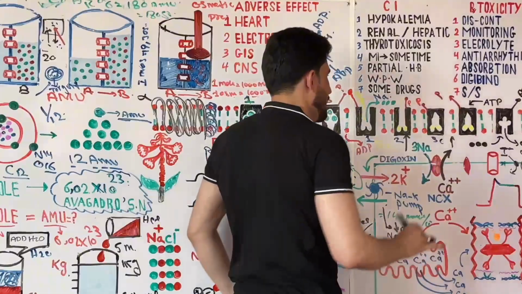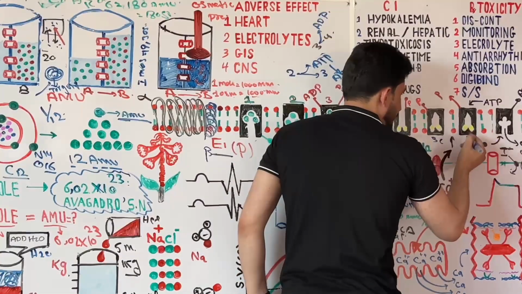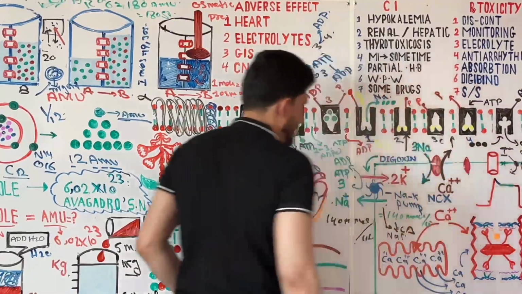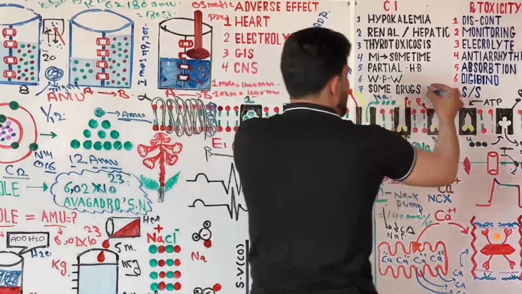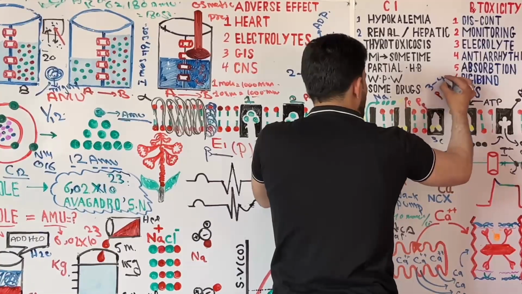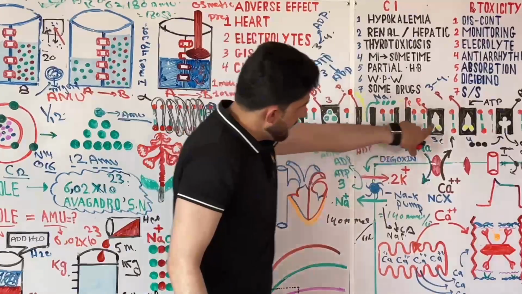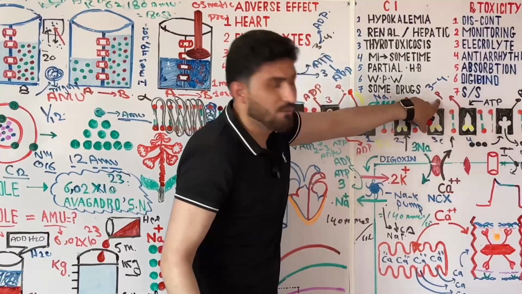Now in stage 4 of this E2, from stage 3 to 4, it loses phosphate.